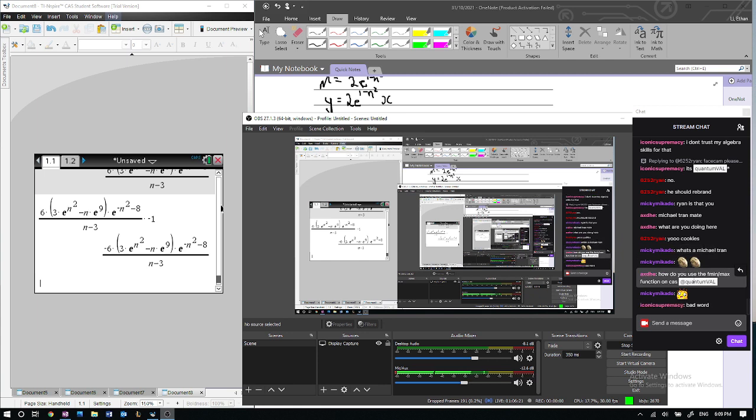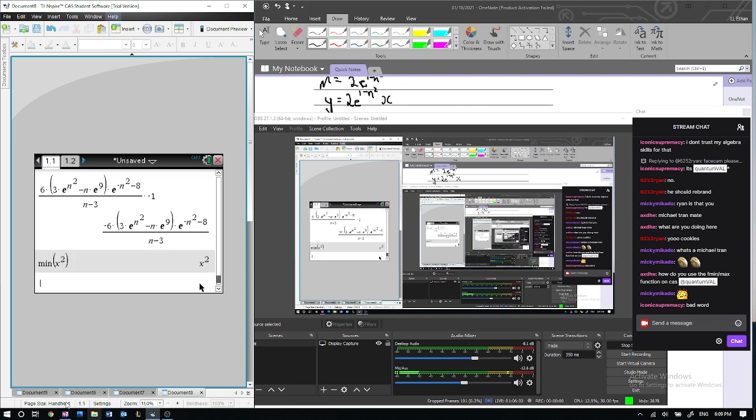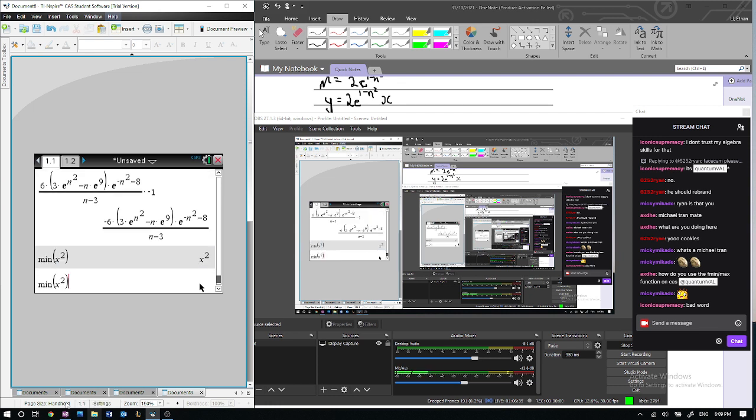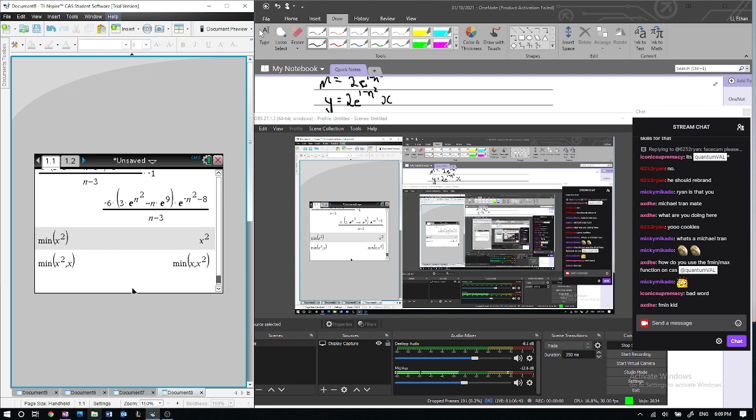How do you use the fmin/fmax function on CAS? Is there even a max? Oh, wait, let's try. That didn't work. I don't think there's an action for that.